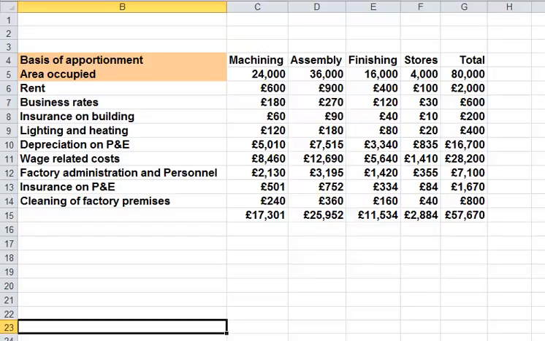So machining should pay 180 of the 600 for business rates. Likewise, it should pay 60 for insurance on buildings. So we're apportioning the costs according to the usage, in this case, the usage in terms of square feet taken up by that particular department.